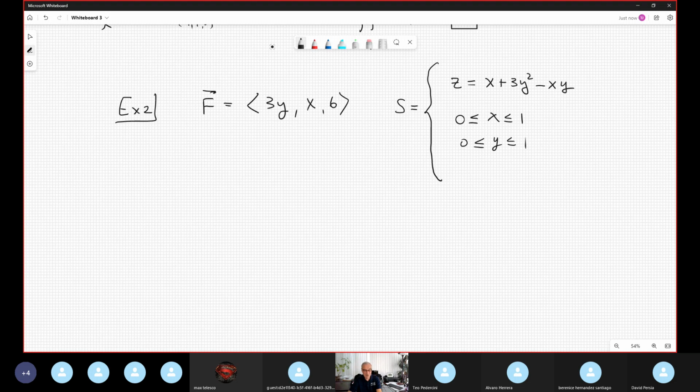So this information suggests we are working in explicit form, because z is isolated.